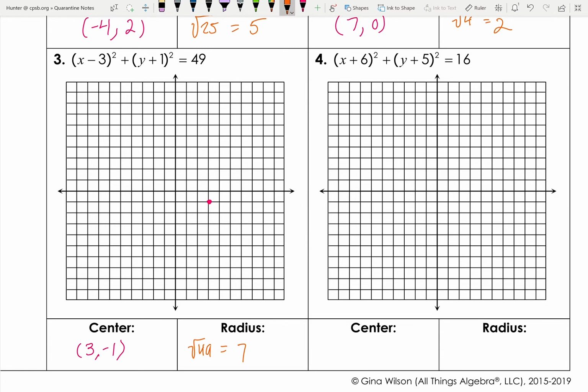So radius, I'm going to go up 7. 1, 2, 3, 4, 5, 6, 7. Left 7. Then right 7 and down 7 the same way. Alright, so our circle is going to be a really fun one to draw.